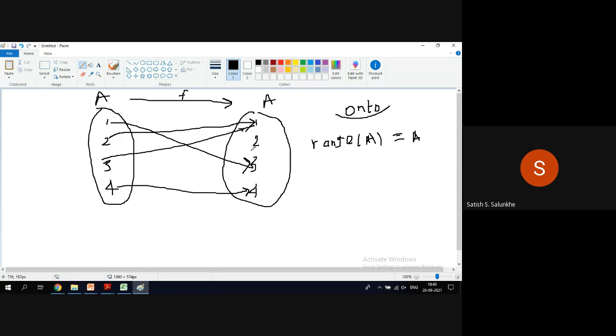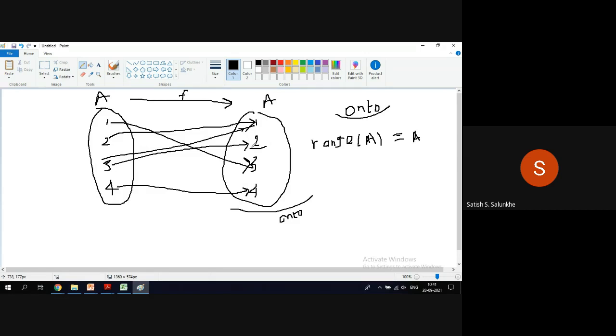In that case, there is one more element left. If I try to connect this with this, yes, it will satisfy the onto property, means range is equal to codomain, but it is now hampering the function definition here. Why? Because one element is having more than two. So this is not possible.